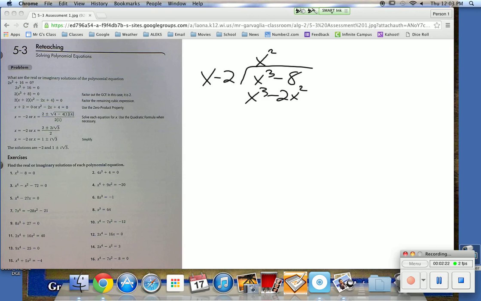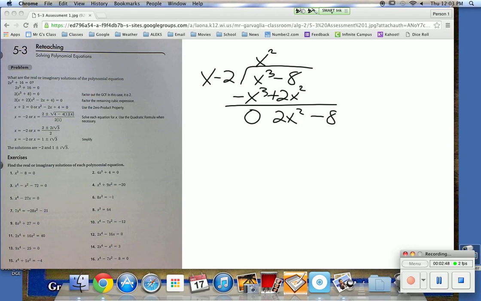Change the signs on everything, right? So we want to remember this is going to be a negative out in front of it. And if we're going to do that, we need to carry that negative through. So we're going to change each one of these signs and then add them. X cubed minus x cubed is 0. And then we're just going to carry down our 2x squared minus 8.